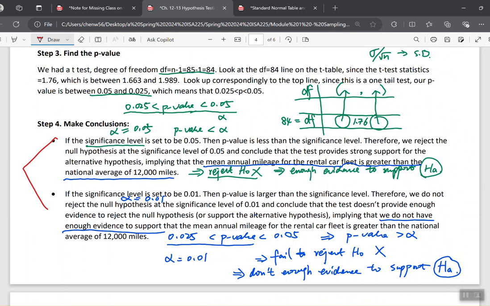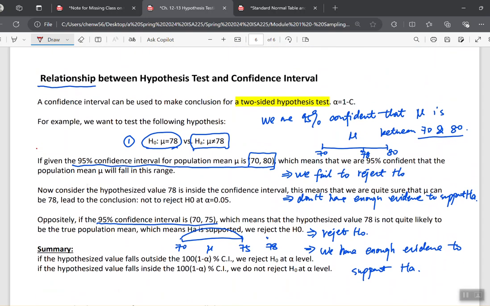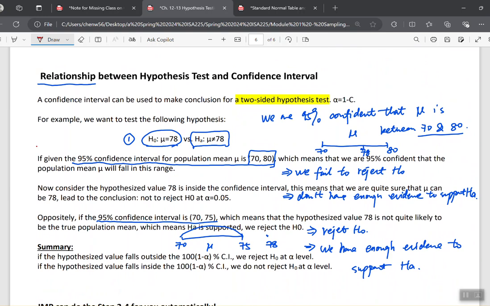Because when you set your standard differently, then your conclusion will be different, right? So in this case, when we have a conclusion for a hypothesis test, we do need to specify what my alpha is. Otherwise, my conclusion is not complete, right? I don't know what my standard is, right?